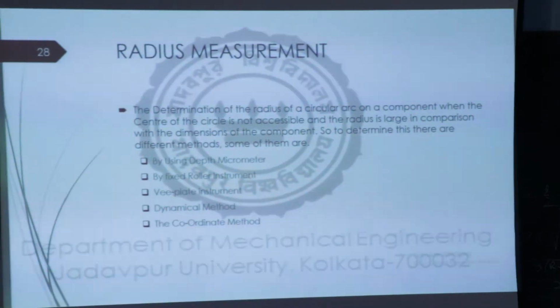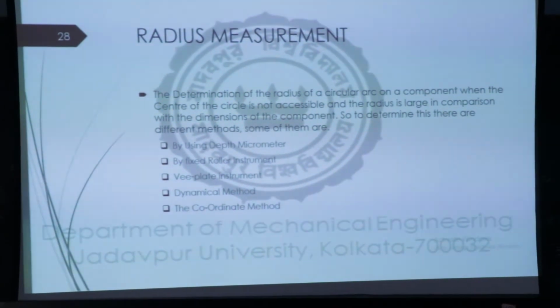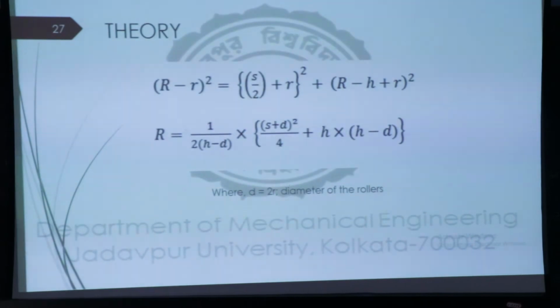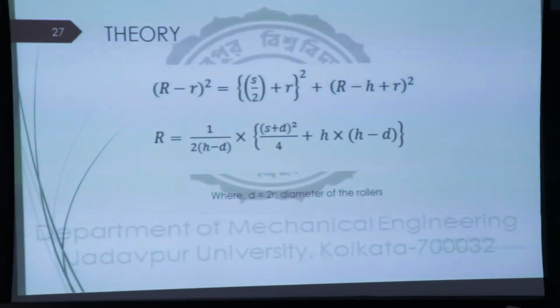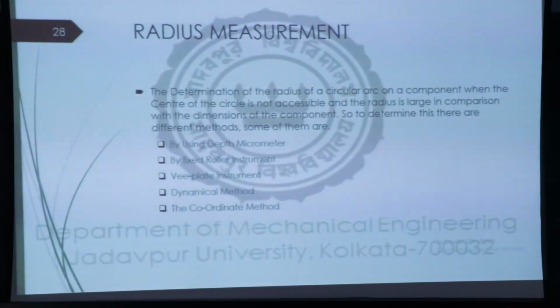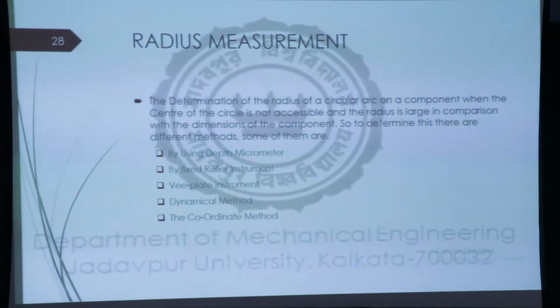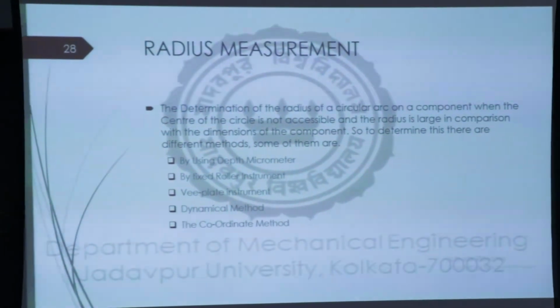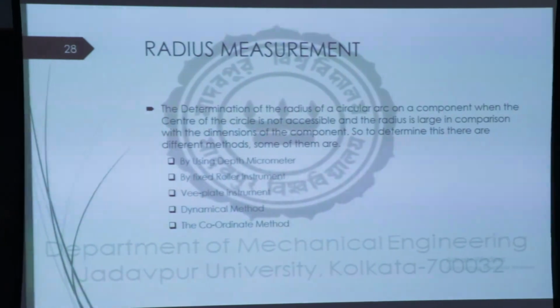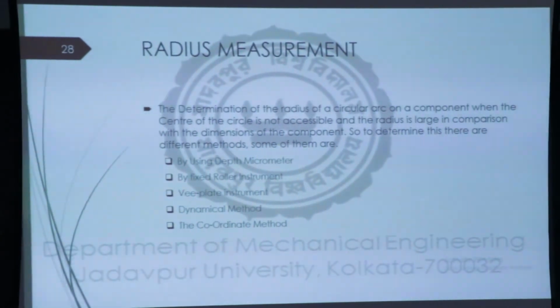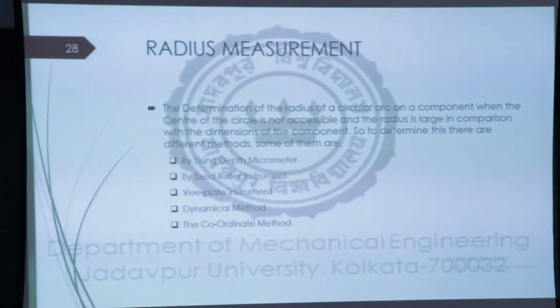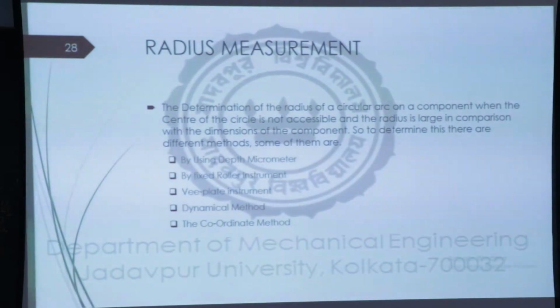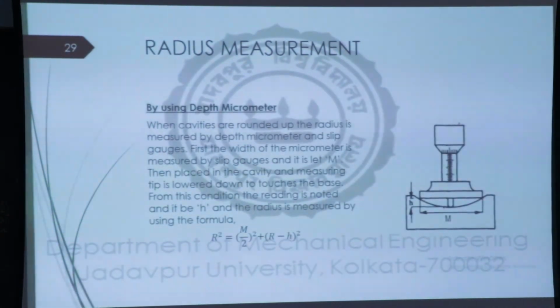Now, as I have mentioned, this formula will be used in your class, but if we are asked what are the other methods of finding the radius, then many other methods are available. You can get the details in any standard book. One is by using a depth micrometer.